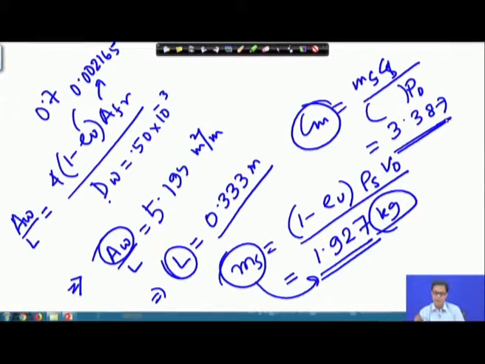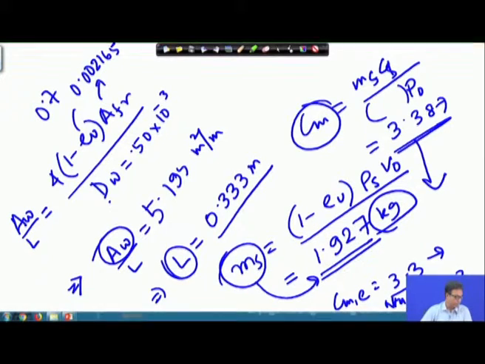So, we have quite a good estimate of this CM, and accordingly you will find that CME is coming to be 0.3, and from there you will be able to calculate the mass, and so there you will have the NTU equivalent to be 29.3.